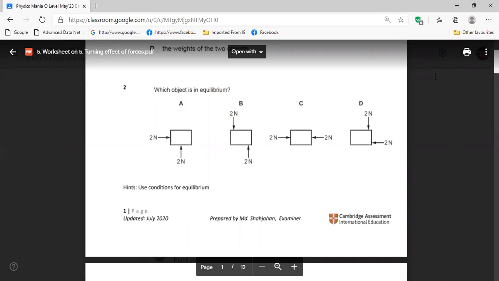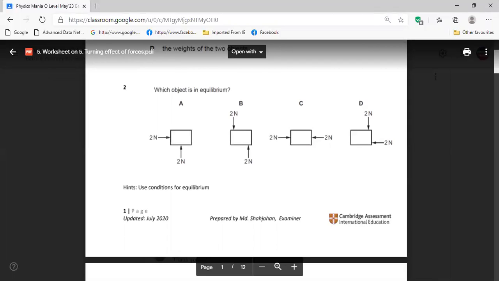Look at your forces, how they are working. They are working from opposite sides, but the position of the forces, you see, is such that we have a turning effect, an anti-clockwise turning effect. That is rotation of the object, right? Yes.